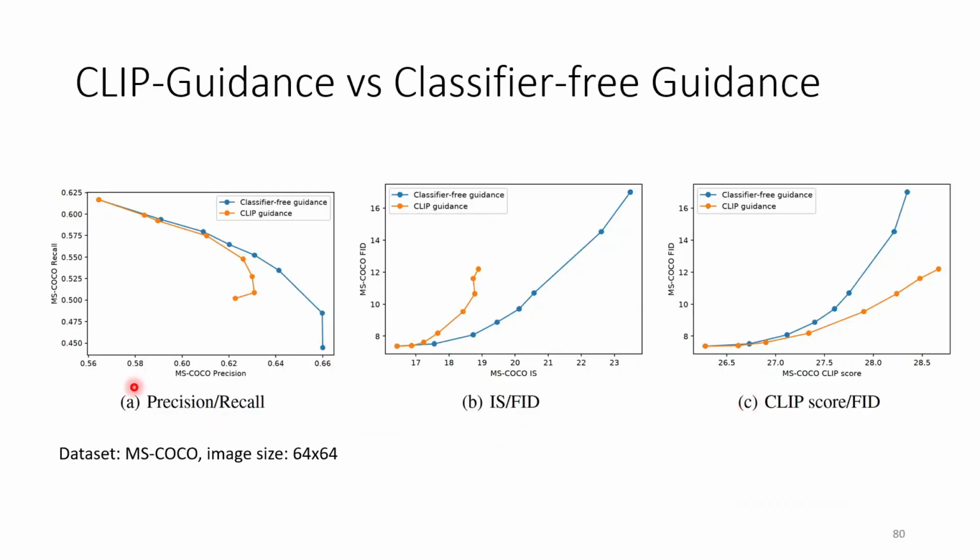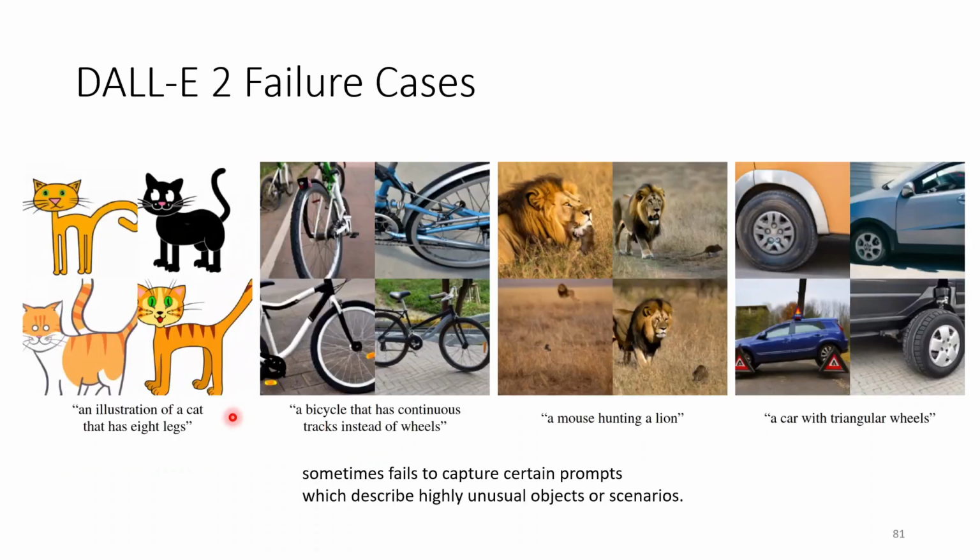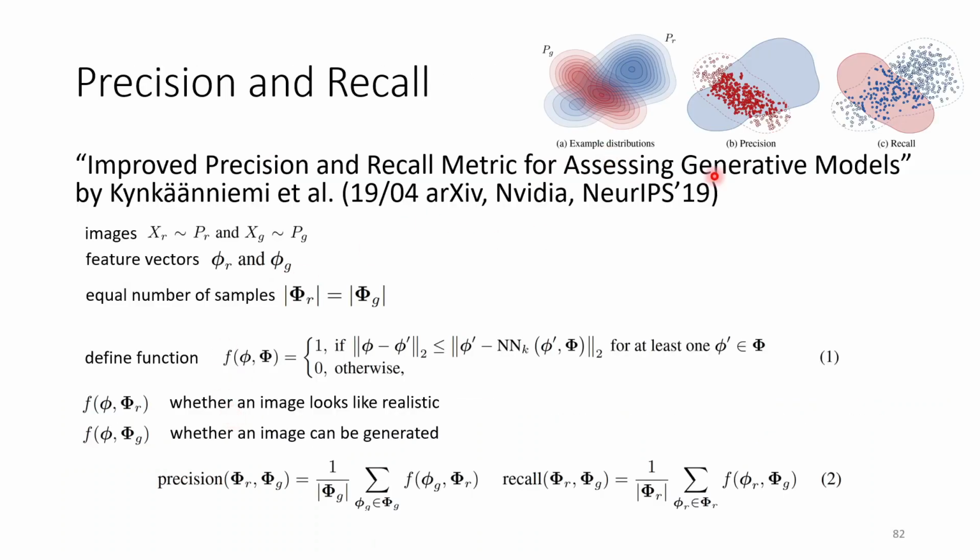And here you see the metrics of precision and recall. Let me show you what they are. It is a metric to measure two distributions. This is an example. If there is a generated distribution PG and the real distribution PR, then the definition of precision is how many generated images look real, and recall means how many real images can be generated by the generator.